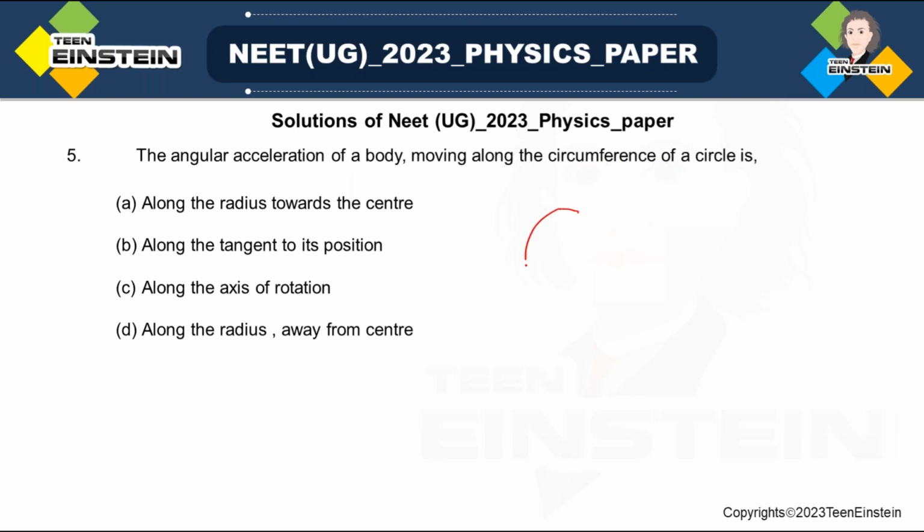If a body is moving along the circumference of this circular path, at any point the linear speed will be along the tangent. But what about angular speed and angular acceleration? Linear acceleration will act along the center, but what about angular acceleration, angular velocities, etc.?